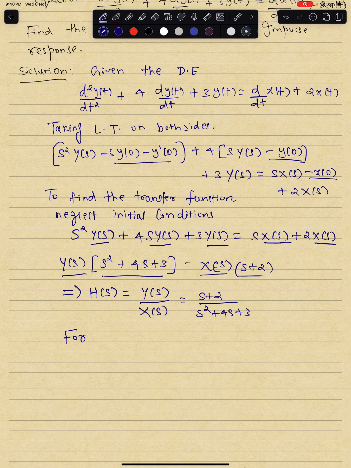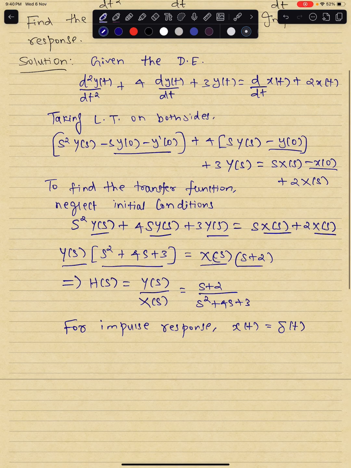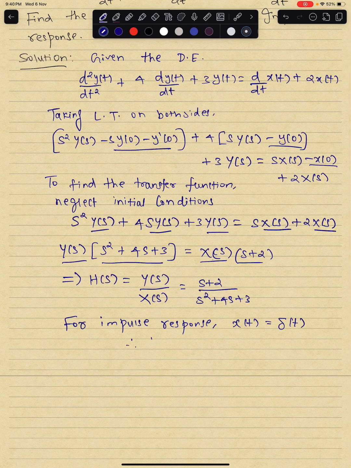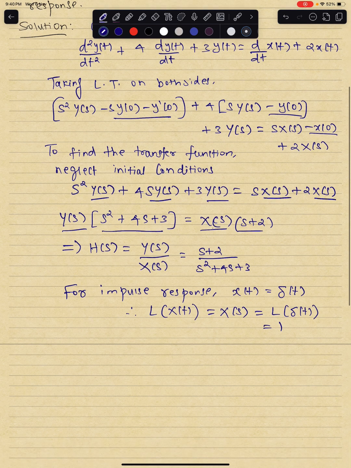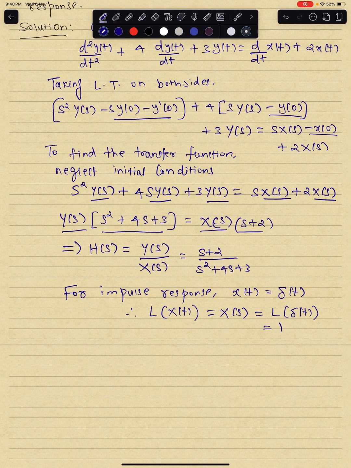Okay, so for impulse response, we have x of t equal to delta of t. This is the formula. Therefore you take Laplace transform of x of t, which is capital X of s. So the Laplace transform of delta of t is nothing but 1. So what we get from this is capital X of s is equal to 1.